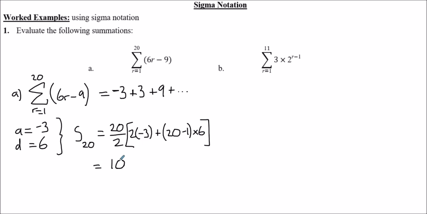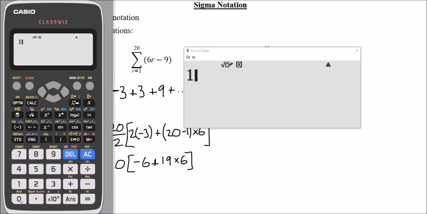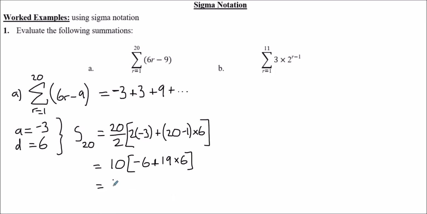So we can have 10 multiplied by minus 6 plus whatever 19 multiplied by 6 is. If we just do this on the calculator, 10, then brackets, minus 6 plus 19 lots of 6, that gives us 1080.